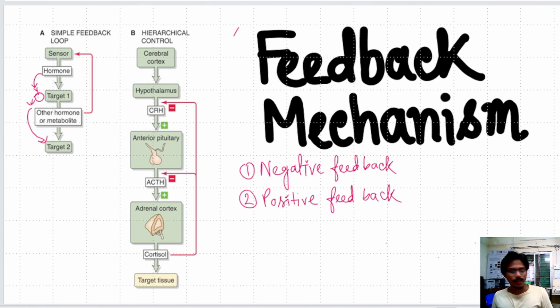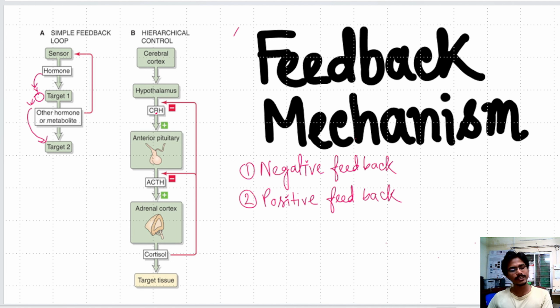Now you can see in hierarchical control, the cerebral cortex signals the hypothalamus, which releases CRH, the corticotropic releasing hormone. You can say it's a molecule, component A, and that stimulates the anterior pituitary.